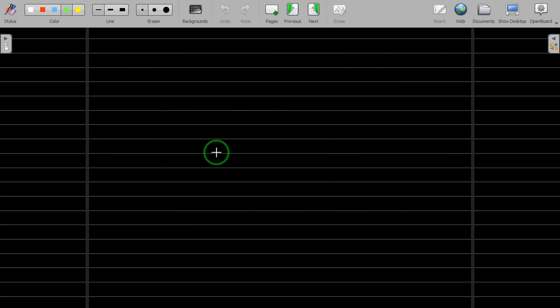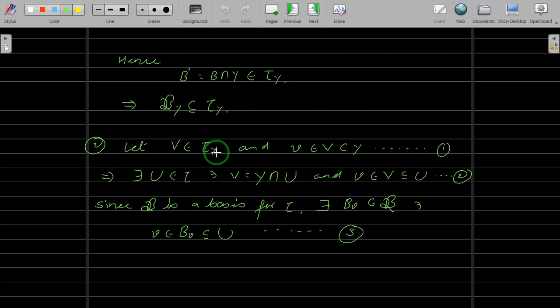So this is the setup. What open set can you take so that the required condition is possible? You think on that and then you can proceed.